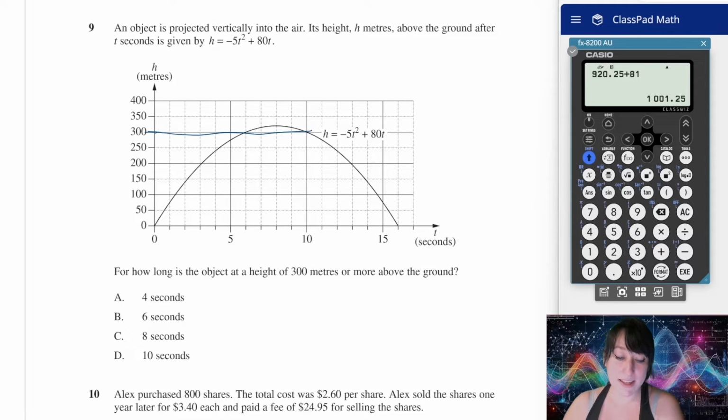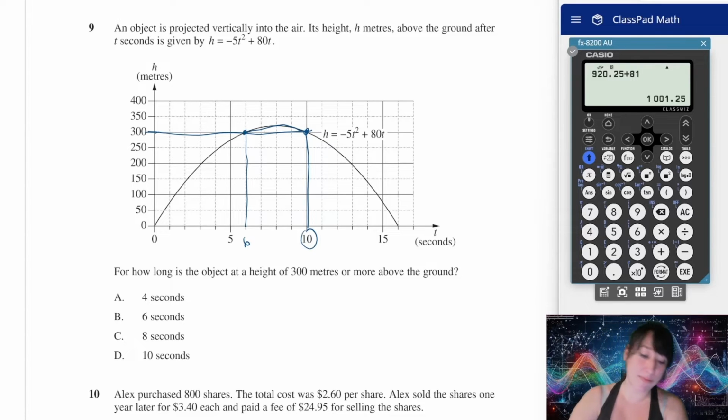We can see that would be from here to here. Now, if we look down at the horizontal axis, that's the time in seconds. So from 6 seconds to 10 seconds, it is at 300 or above, which is a total of 4 seconds. So the answer is A.